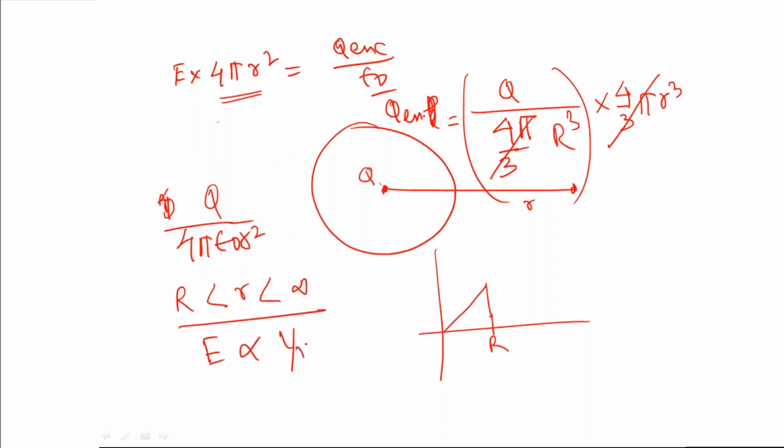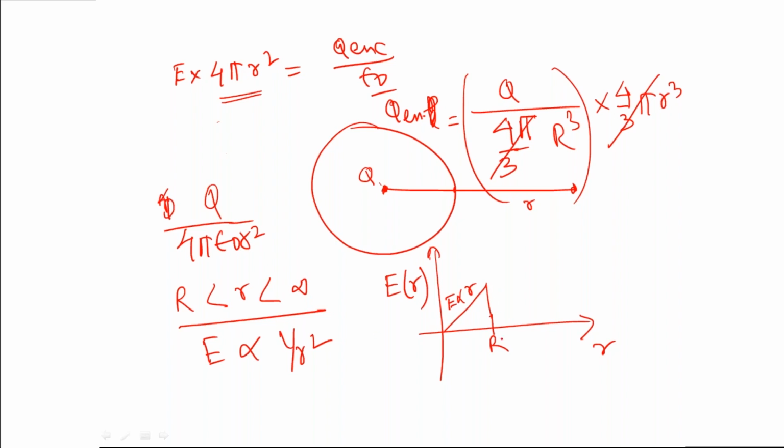It increases with respect to r, and it decreases after the radius. When r is greater than the radius, it varies as 1 by r square. It will be falling like this, proportional to 1 by r square.